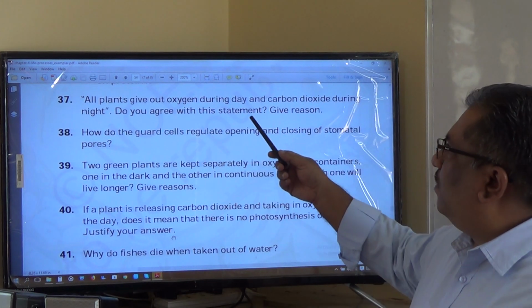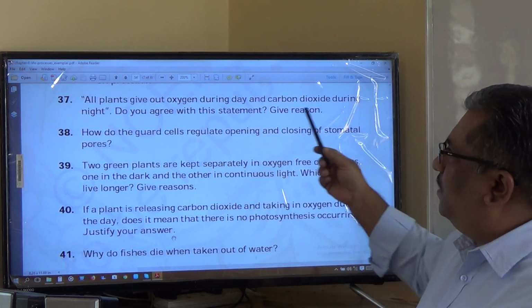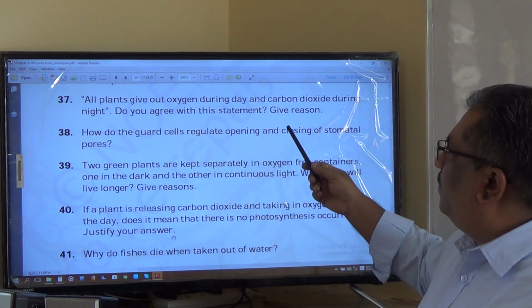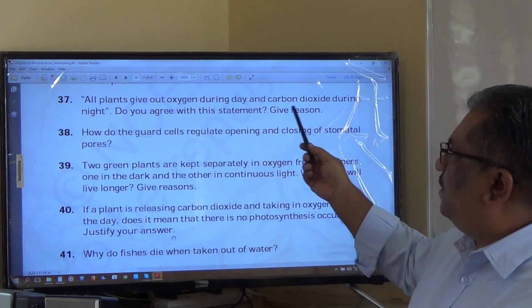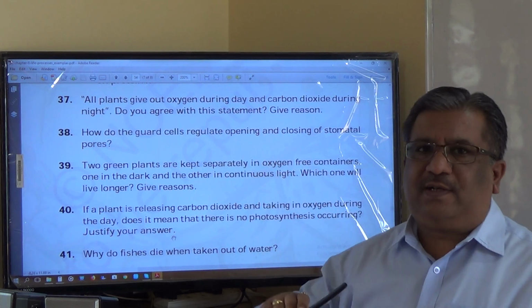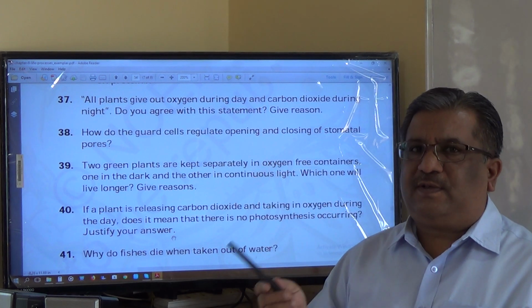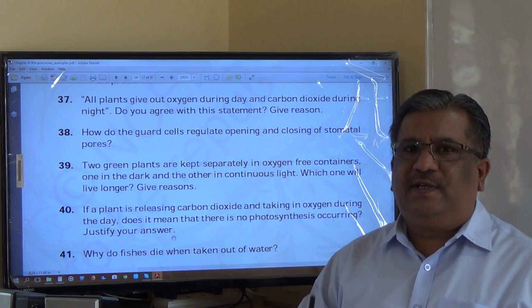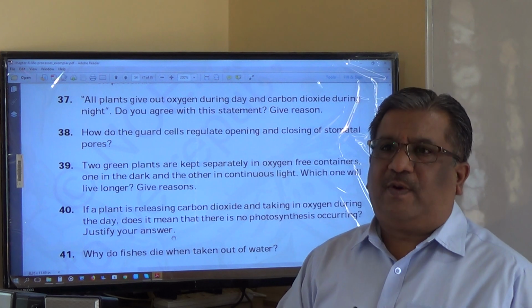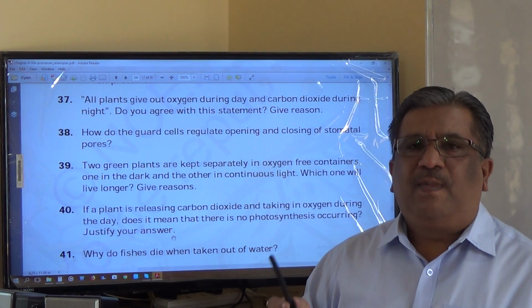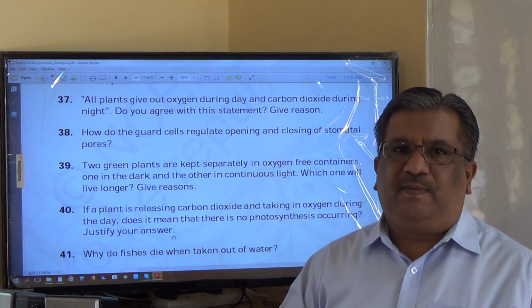All plants give out oxygen during day and carbon dioxide during night. Do you agree with this statement? Give reason. Yes, they do so. Why is it so? During photosynthesis, oxygen is a byproduct, and photosynthesis occurs in daytime. Therefore, oxygen is released during daytime. During night, respiration is a process which is a breakdown of glucose by an oxidation process.